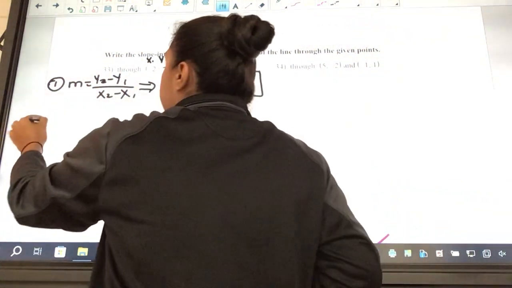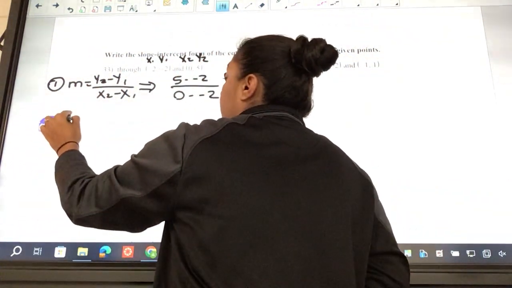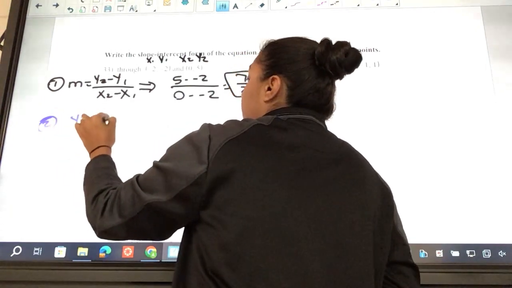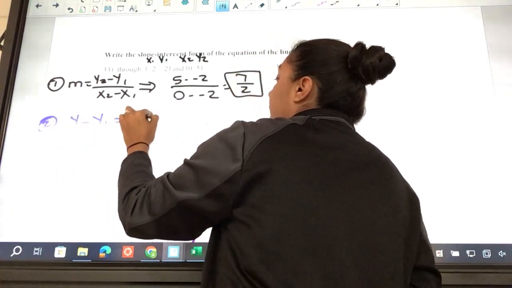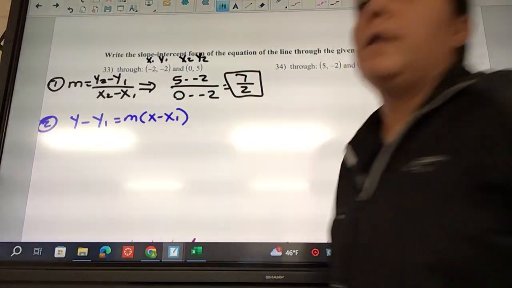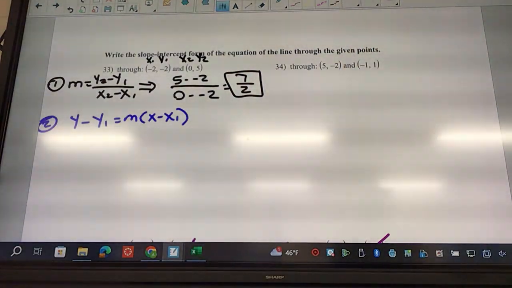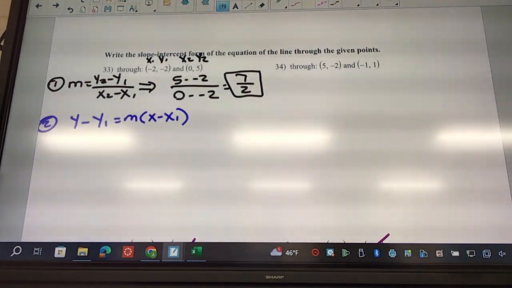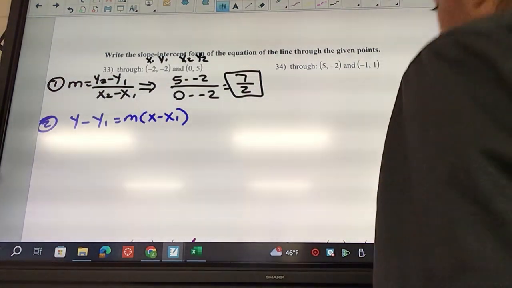Our second step is going to be to use this formula: y minus y1 equals m times x minus x1. That's our second formula that we need to use. Because they want it in slope-intercept form, you always have to do slope, point slope, slope-intercept.